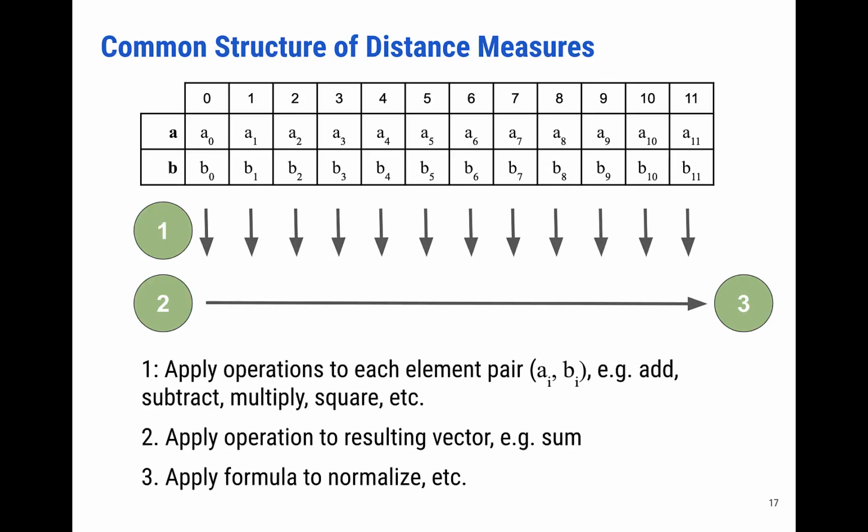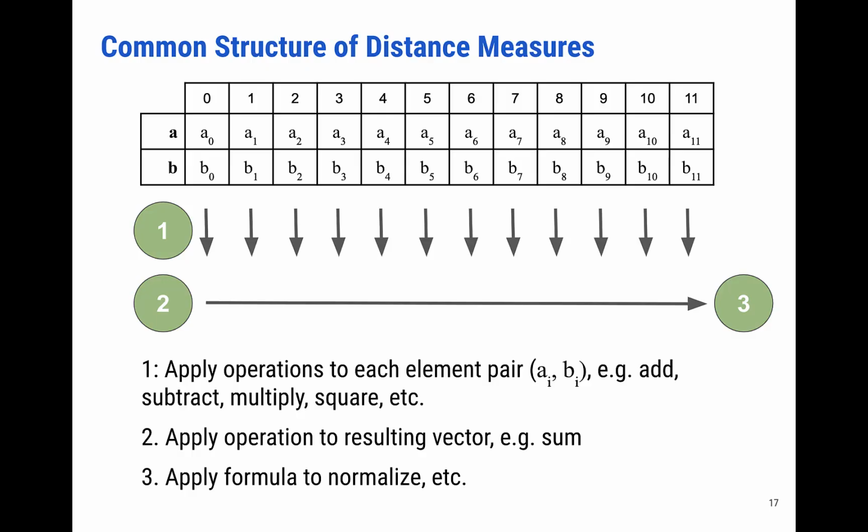One way of thinking about all these different measures is that we're basically doing the same thing every single time, but just changing a couple of the operations. We essentially take two vectors, and here I have two arbitrary vectors A and B that go from 0 to 11. They each have 12 elements. In each case, what we're doing is some operation on each of the pairs: A0, B0, A1, B1, A2, B2.